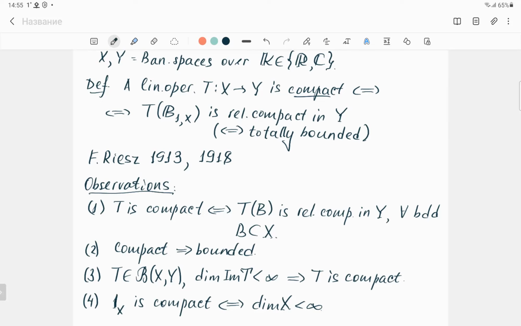But if we don't assume that Y is complete, then these two definitions are not equivalent. So relatively compact and totally bounded are equivalent for subsets of a complete space. Well, this is not very convenient, of course. And probably this is the main reason why compact operators are traditionally considered only in the context of Banach spaces.